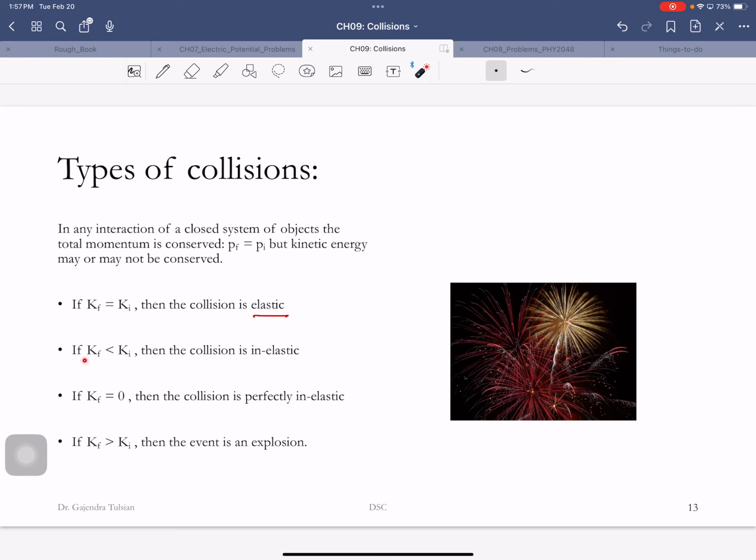If final kinetic energy is less than initial kinetic energy, then it's called an inelastic collision. This is what happens when two cars collide. If final kinetic energy is 0, then the collision is perfectly inelastic. Do you know any situation when this happens? I'm sorry?